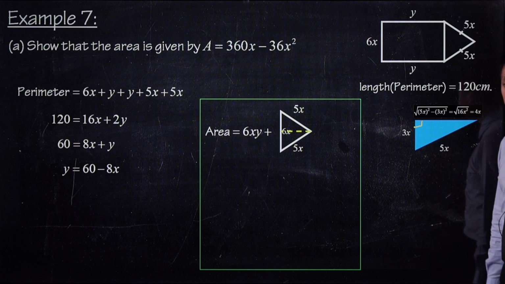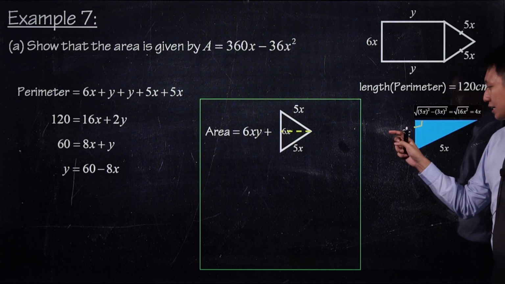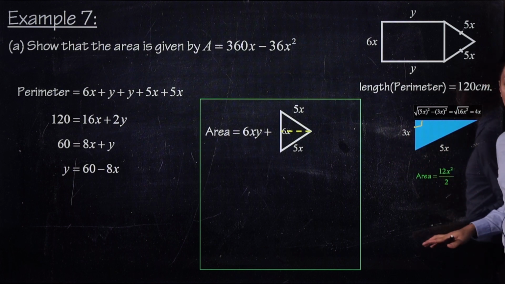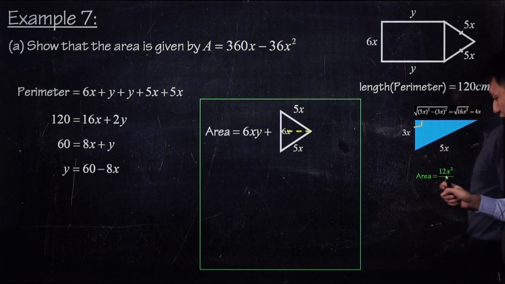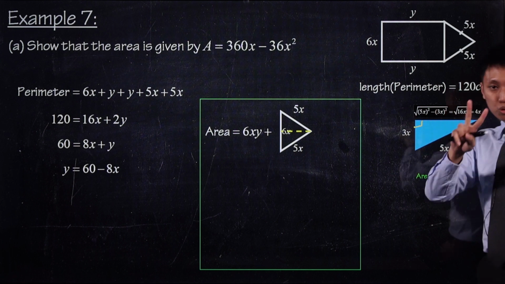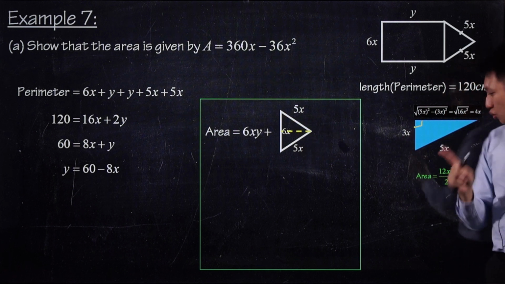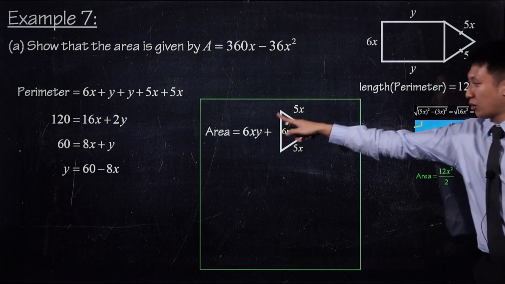Get that? So now you see, if you get this side as 4x, this side as 3x, this whole thing will be 12x squared divided by 2, because base times height divided by 2. But now you have two pieces of this, so it's 2 multiplied by this one, hence you get 12x squared for this whole thing.